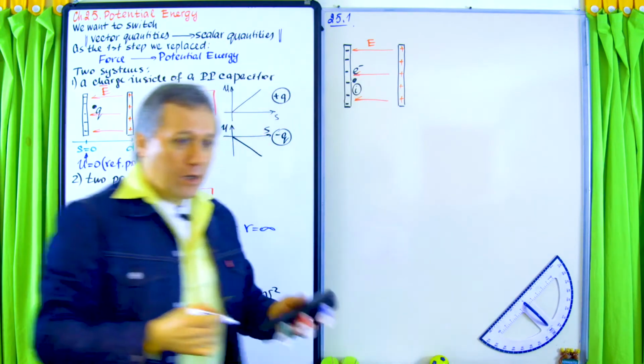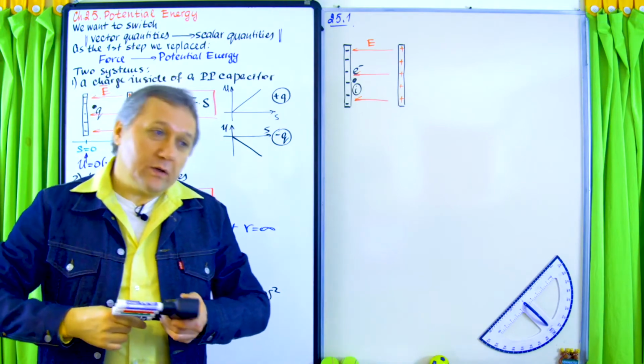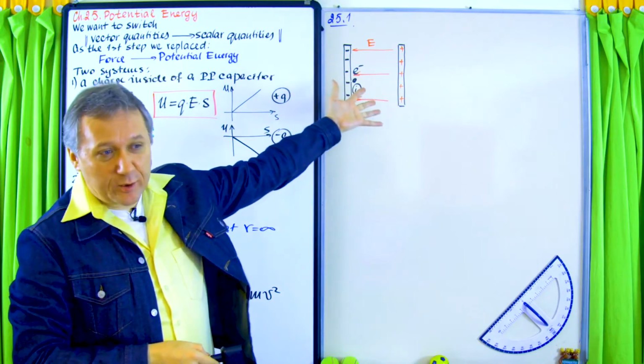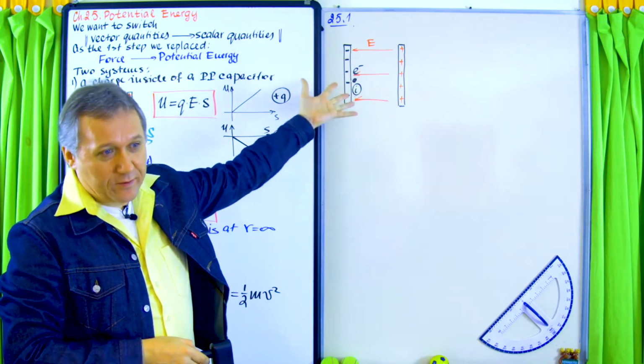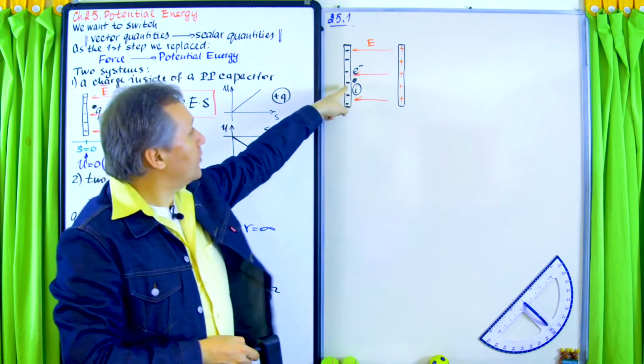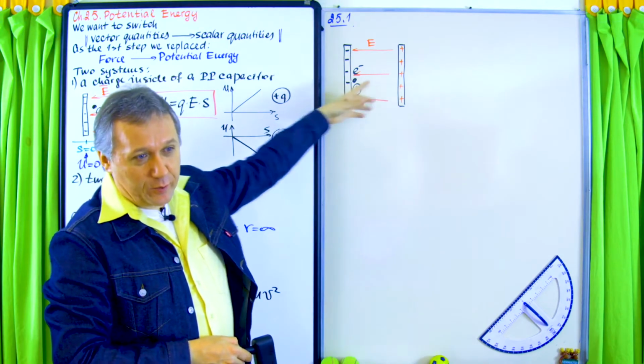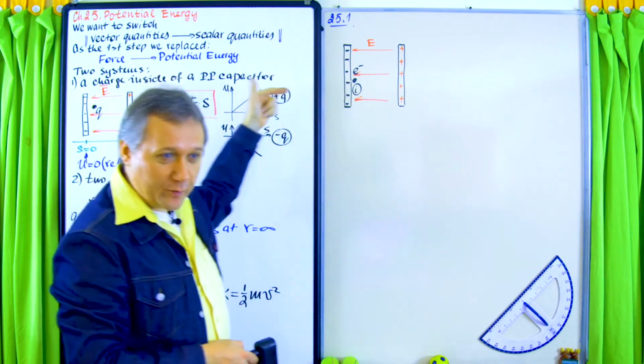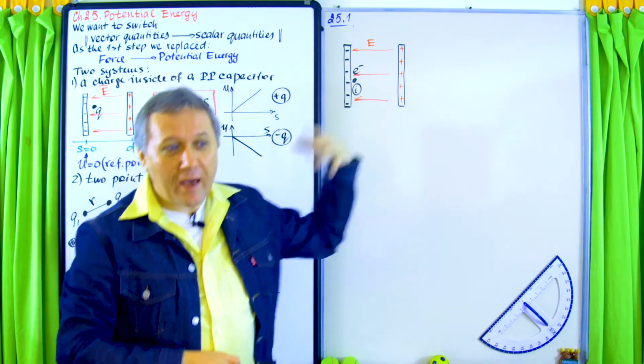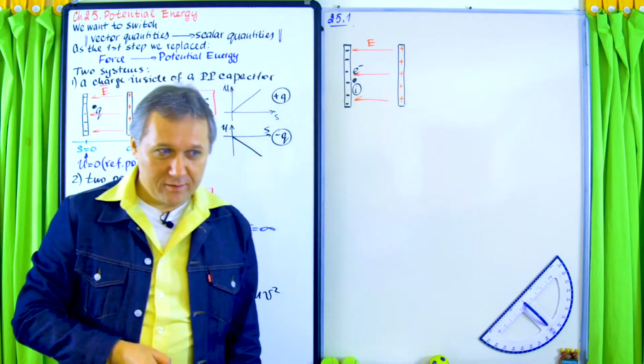So what does this electron do after its release? Of course, it will be repelled by the negative electrode and attracted by the positive electrode. So it will start moving that way, accelerating.